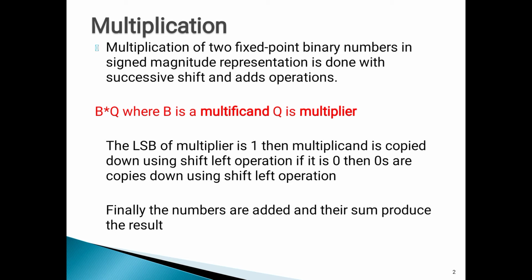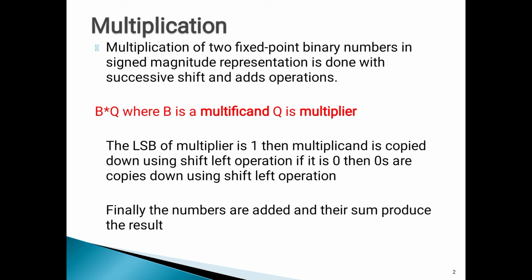Shift in the sense the bits are shifted to either left or right. One bit is shifted to either left or right. That is a shift operation. And our add operation, we know the add operation, right? So if you are performing any multiplication operation, we need two magnitudes, that is called B and Q. So here B is known as multiplicand and Q is known as multiplier.